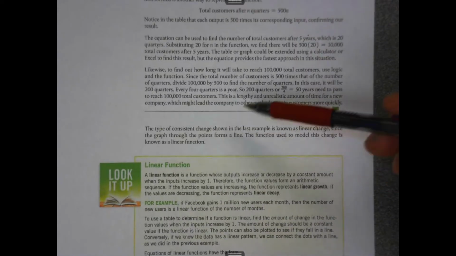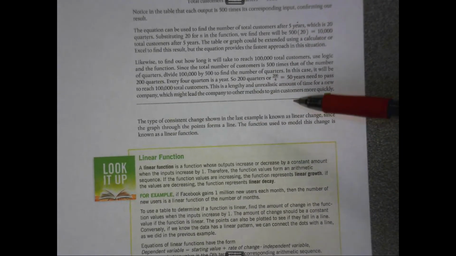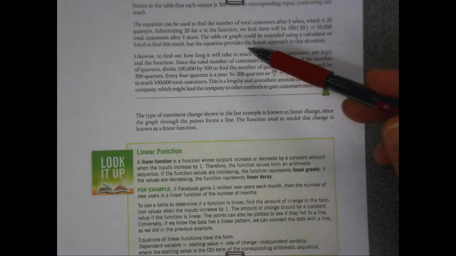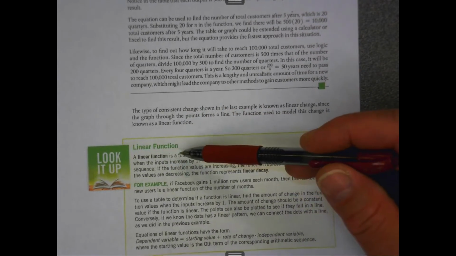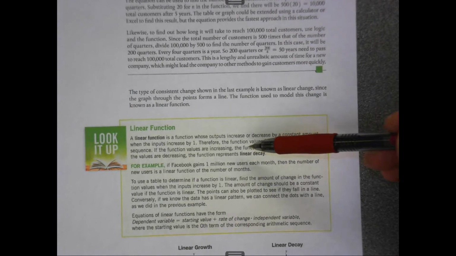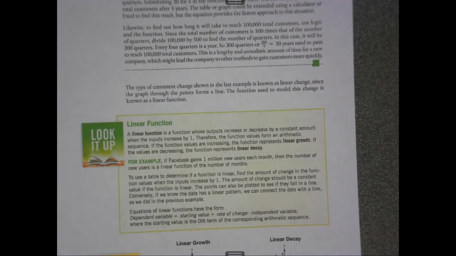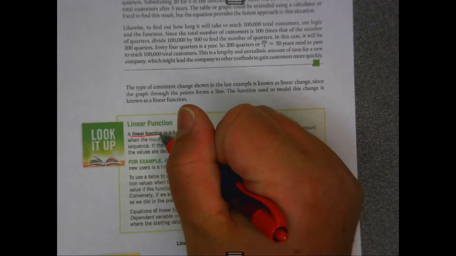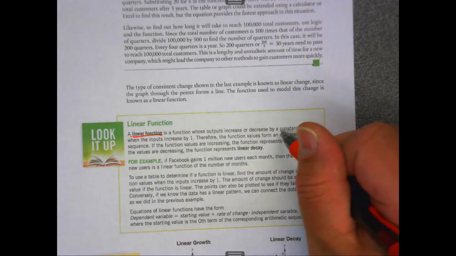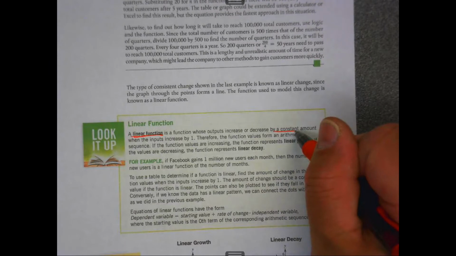All right, I think that's enough said. I think you get the idea. Now, that is a form of a linear function. A linear function is a function whose output is increased or decreased by a constant amount. Linear function: increase or decrease by a constant amount.